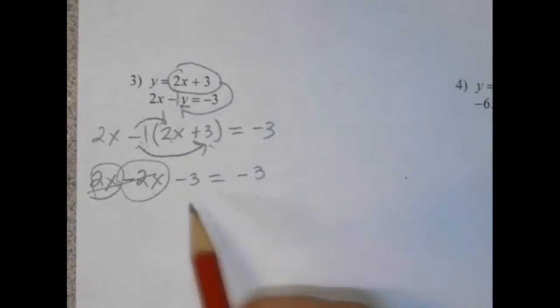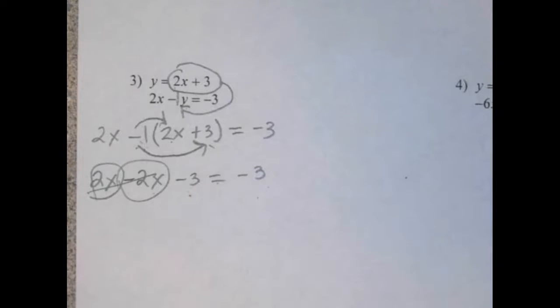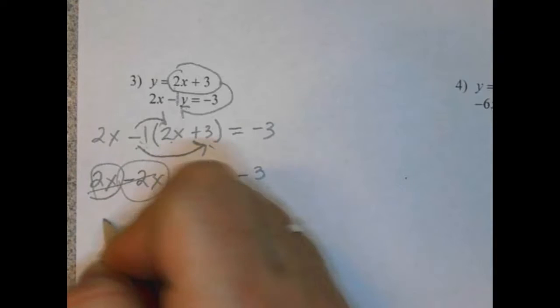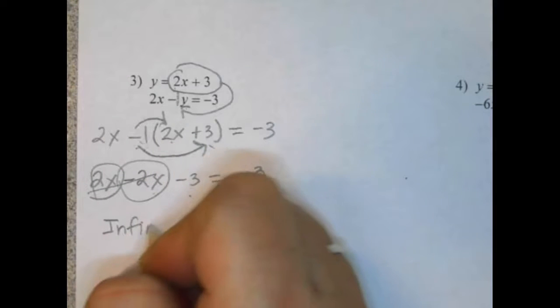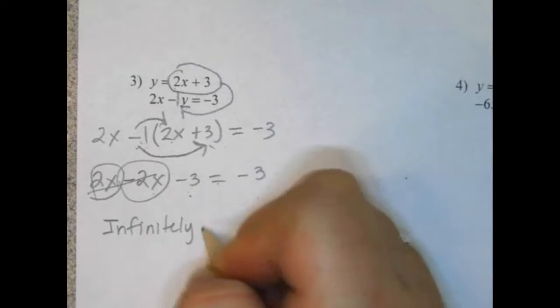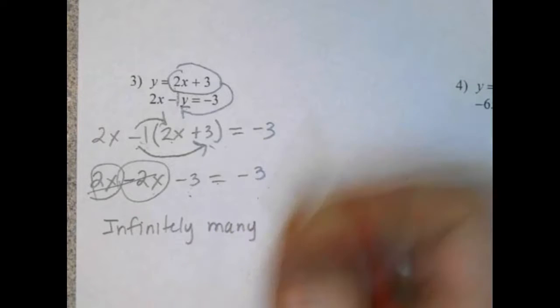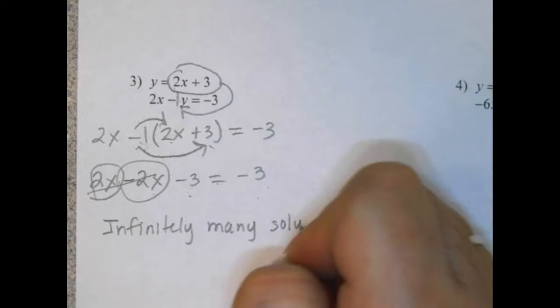What is that special solution that's going to work for this? Not no solution. It's the other one. Hannah? Infinitely many. So this one's going to have infinitely many solutions.